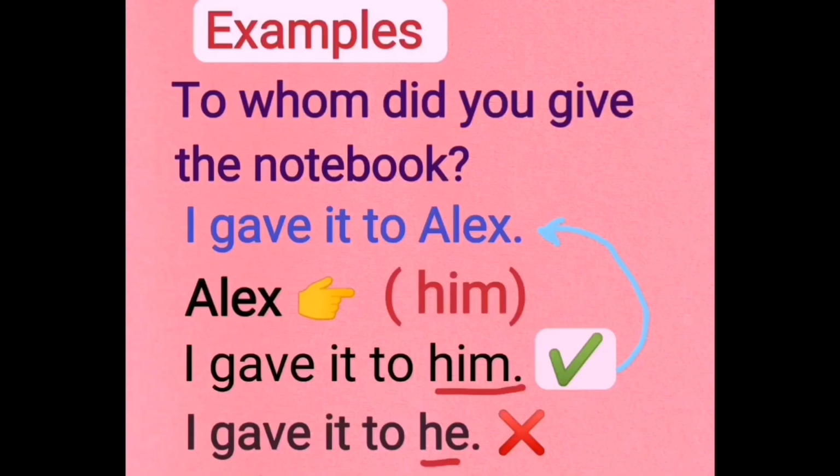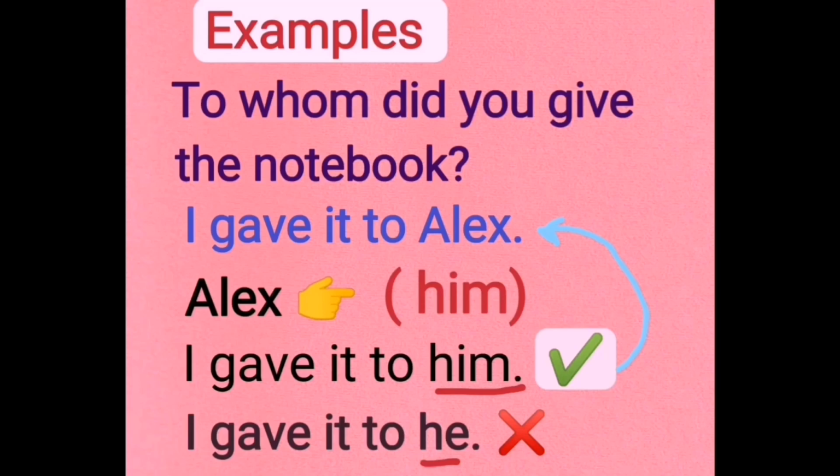Let's see some instances here. To whom did you give the notebook? The answer is I gave it to Alex. And we can also say I gave it to him.